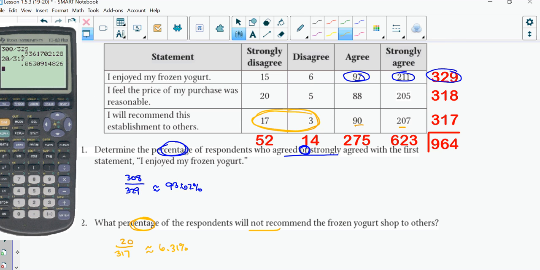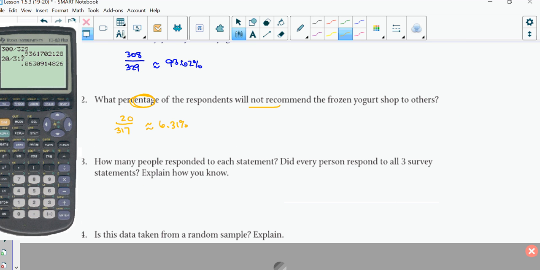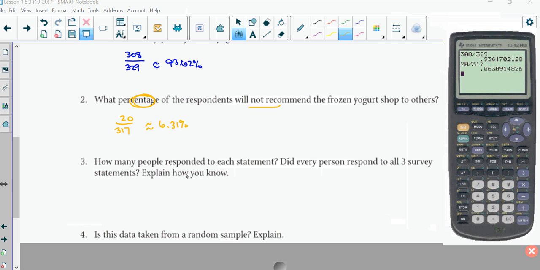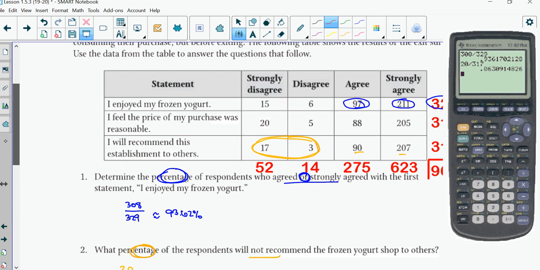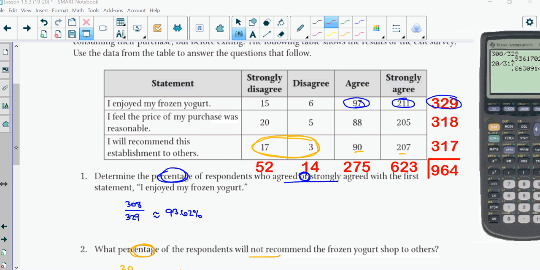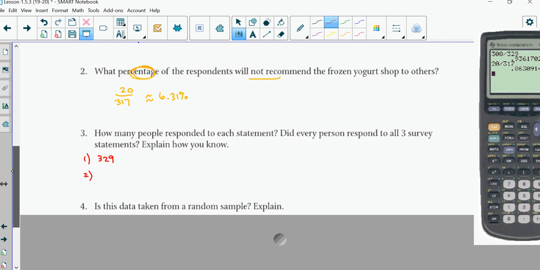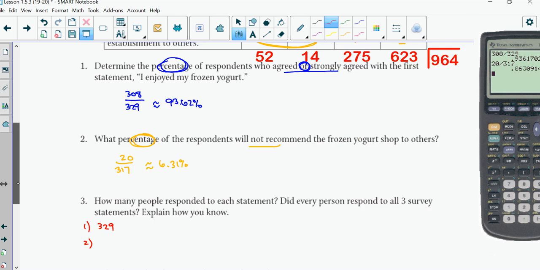All right, if I scroll down a little bit, how many people responded to each statement? Did every person respond to all 3 statements? So let's see. The first statement, I enjoyed my frozen yogurt, there were 329. The second statement, there were a total of 318.